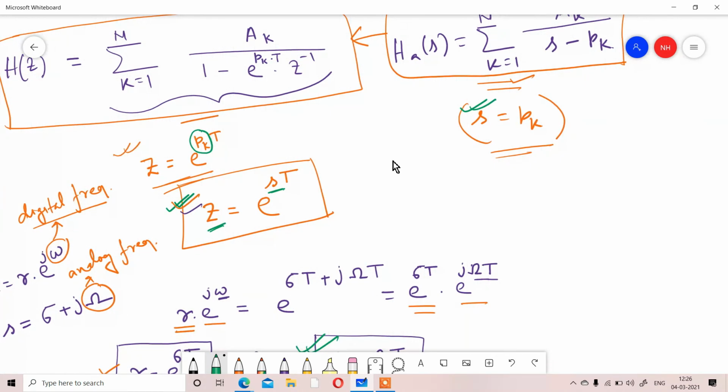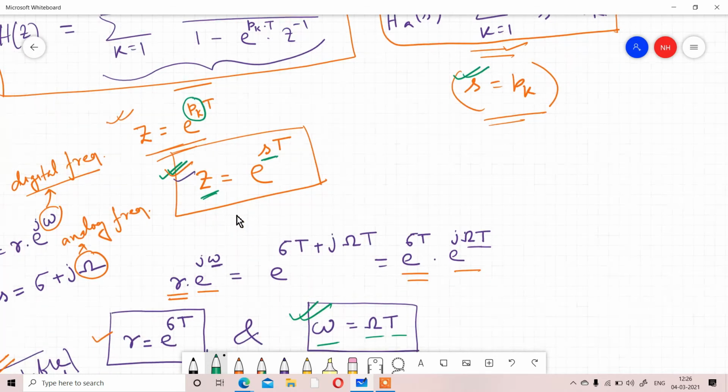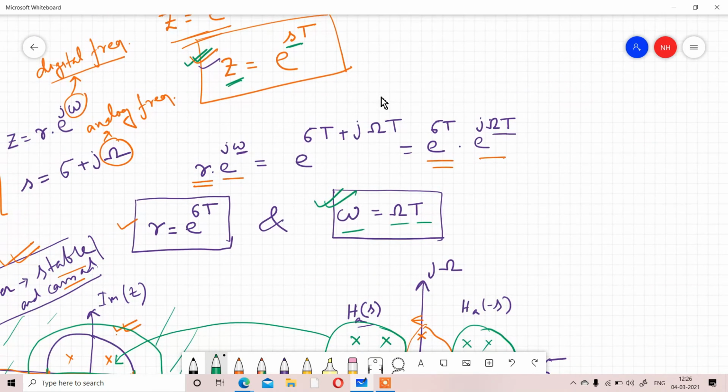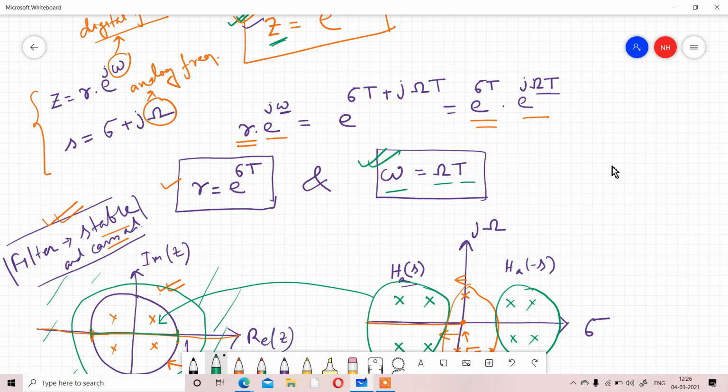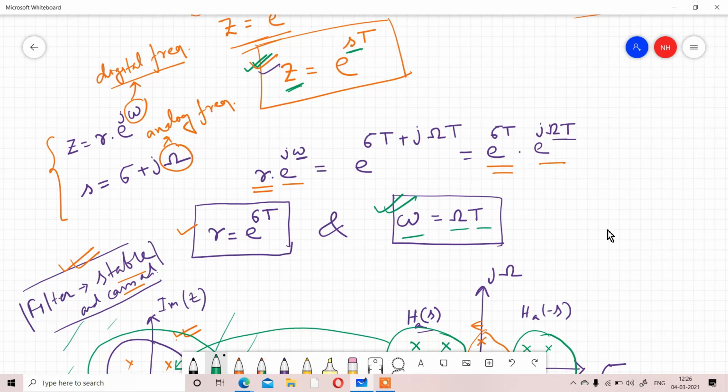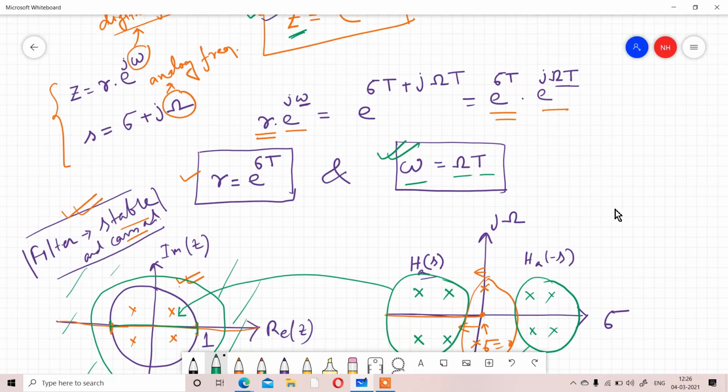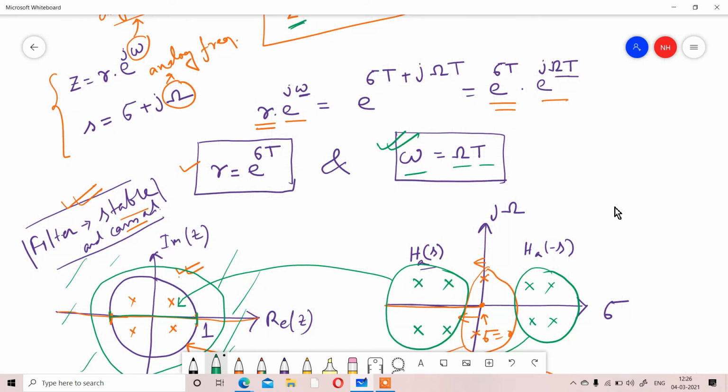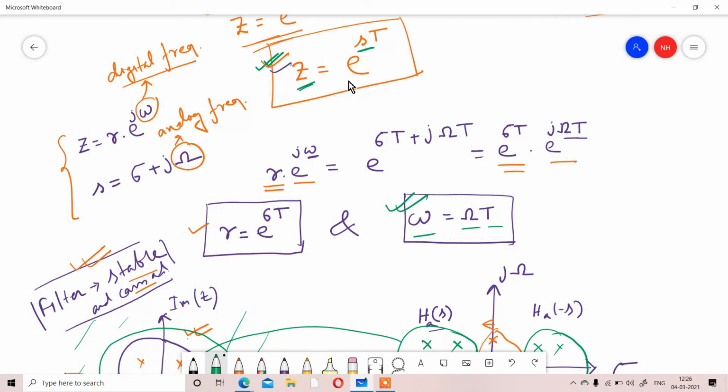In the value of p_k we have simply replaced s, because s equal to p_k. So we have got z equal to e to the power sT. Now from here we are trying to check whether this equation satisfies the filter characteristics or not. For that we have represented z and s in the complex domain and compared the real part and imaginary part.